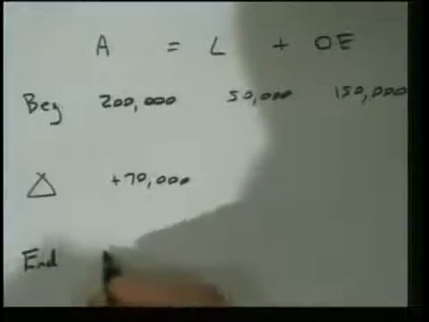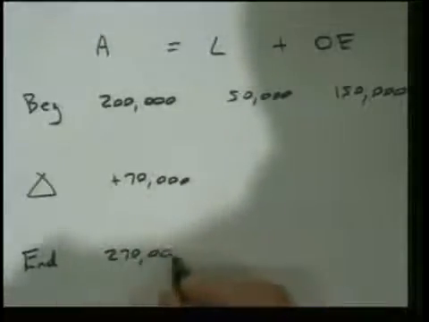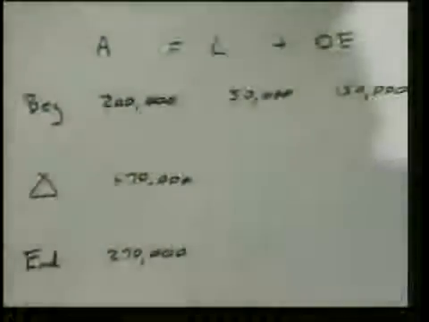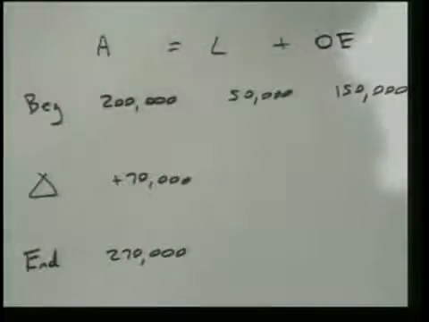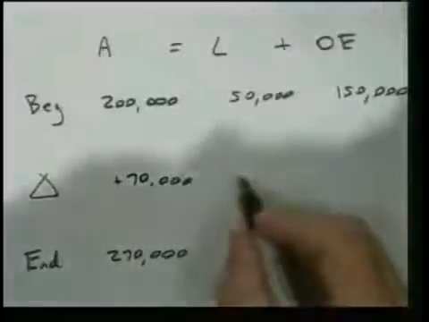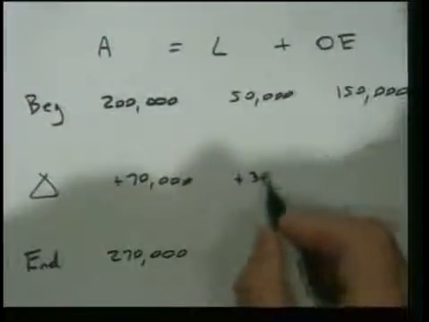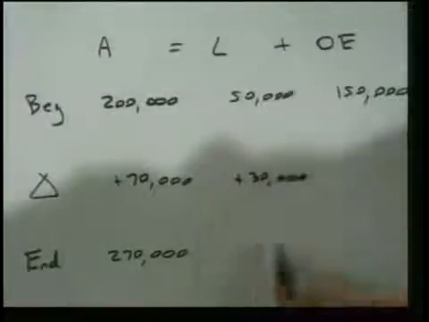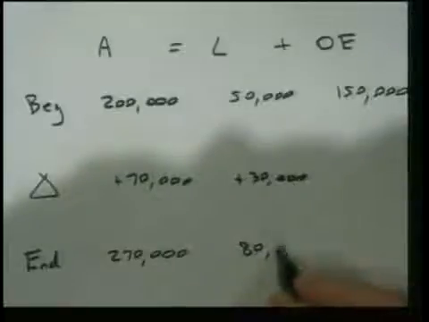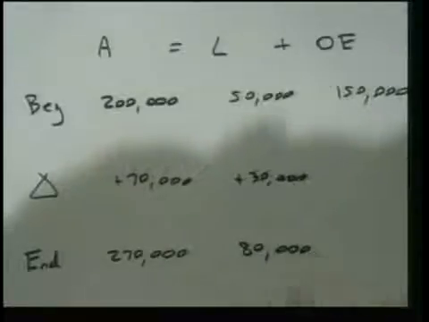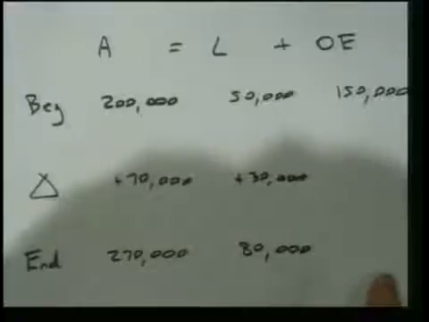So they must be 270 at the end. And liabilities increase 30,000. So liabilities go up by 30,000, is that correct? 50 plus 30 is 80. So we now know owner's equity, because that has to equal that plus that, correct?